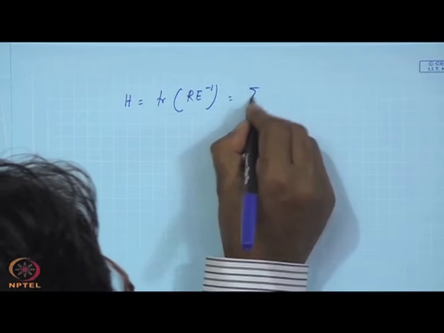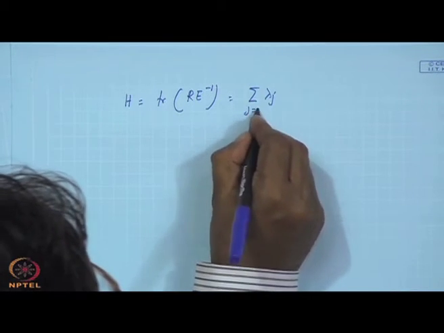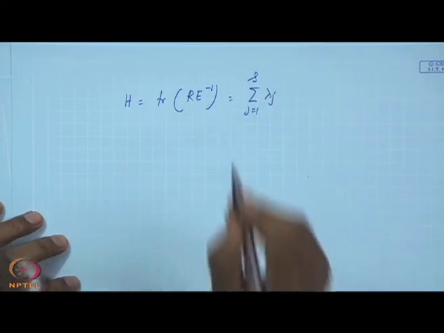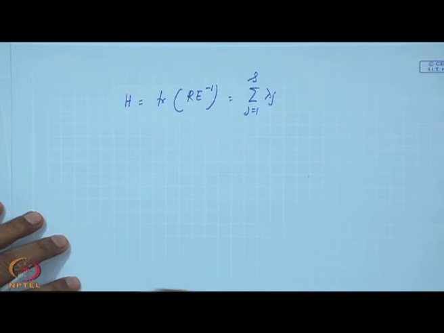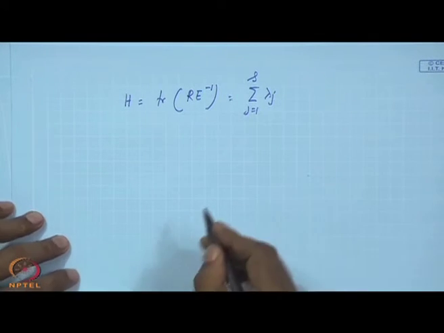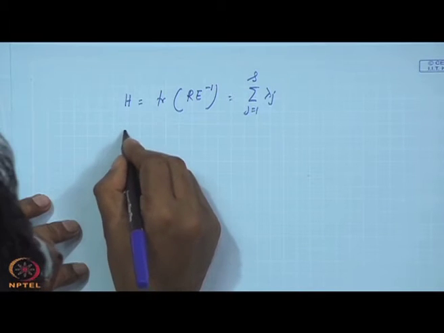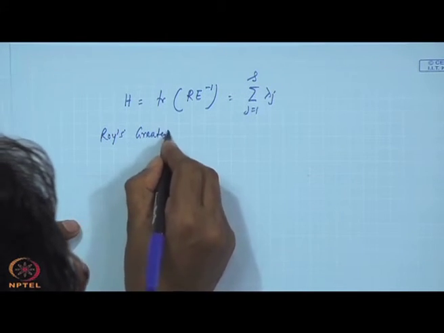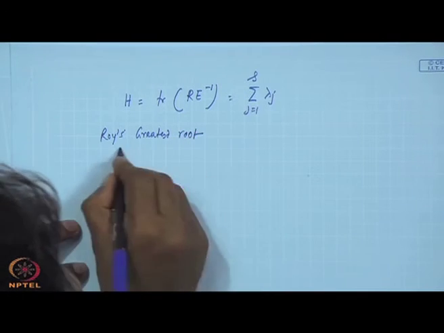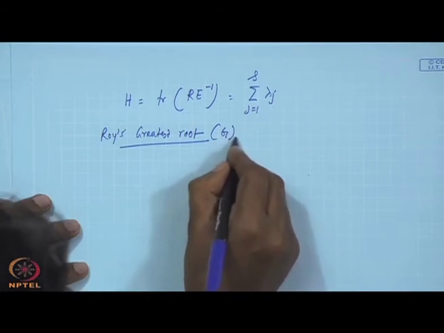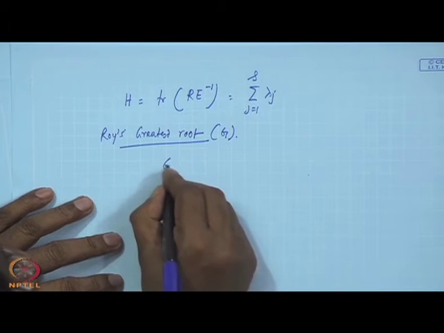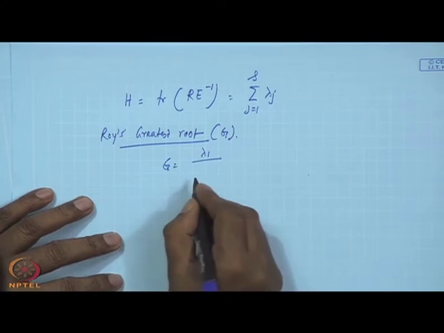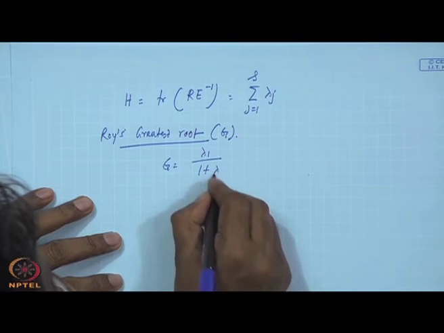This one is nothing but the sum of lambda j, j equal to 1 to S. There is another statistic which is known as Roy's greatest root, G. That G takes only the first eigenvalue, this one.